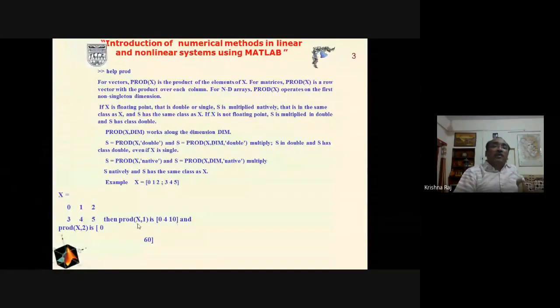And if we are interested in getting the product of X with dimension 2, then what will happen here? In that case, all the elements of a row will be multiplied, and the products will be entered in the form of a column, that is 0 and 60.